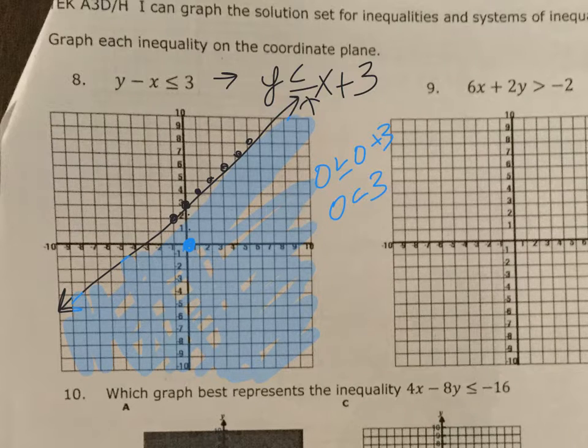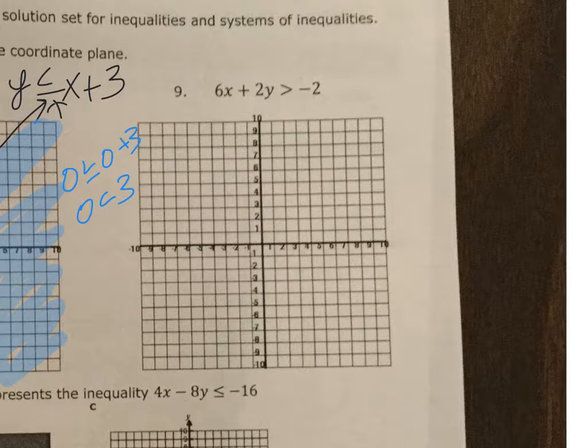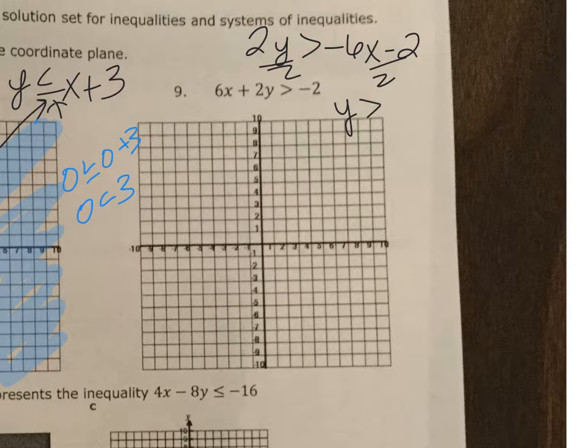Now let's look at number 9. Again, I have to solve for y. So I'm going to subtract 6x from both sides. And then I have to divide by 2. So y is greater than negative 3x minus 1.